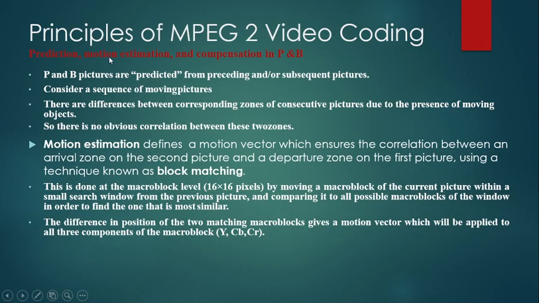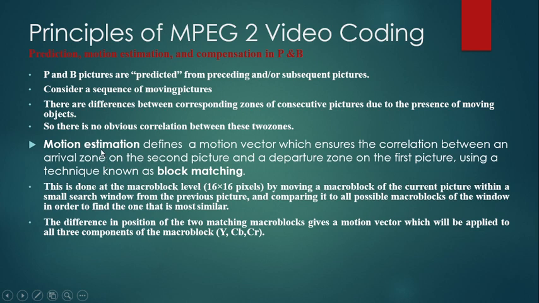Now coming to our P frame and B frame, there we are going to actually employ the motion prediction, estimation, etc. So in the case of P and B pictures, we have to apply these principles. There will be differences between corresponding zones of consecutive pictures due to the presence of moving objects, so there will be no direct correlation between the zones.